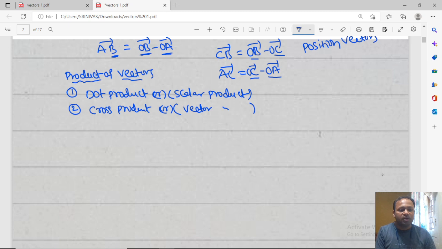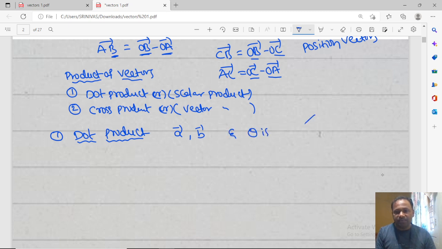First we will discuss the dot product. Suppose A bar and B bar are two vectors and theta is the angle between the two vectors. Then the dot product is defined as A bar dot B bar equals mod A bar into mod B bar into cos theta.